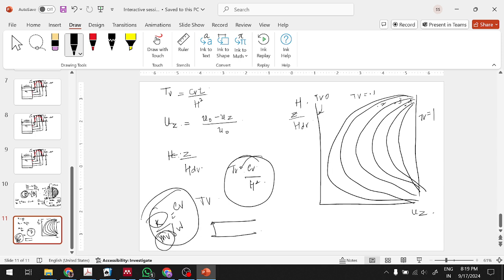So on the permeability and the thickness of the soil, you will get TV. And if you have a high TV, it will take less time for consolidation.